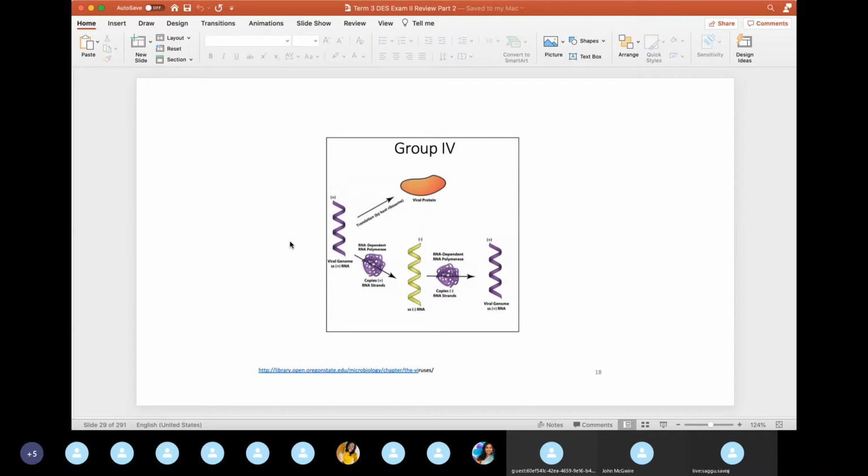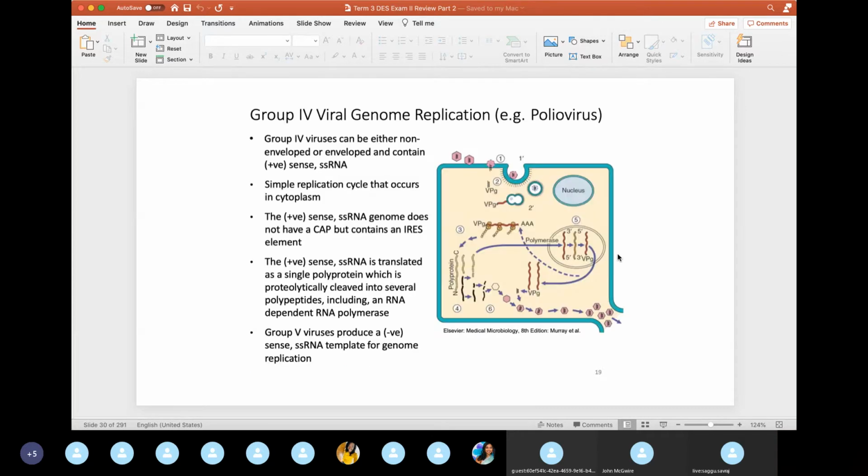Group 4. Group 4, as I've said, single-stranded positive RNA. It can be translated directly by the host ribosomes to viral proteins. Example of this, high-yield polio virus. So polio virus for group 4, viral genome replication.